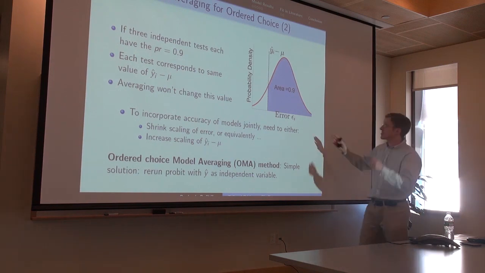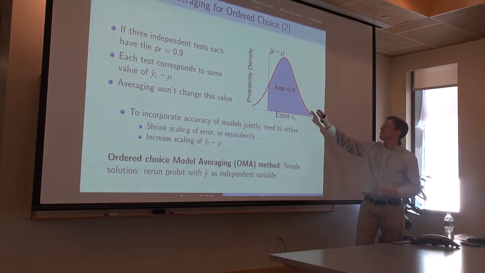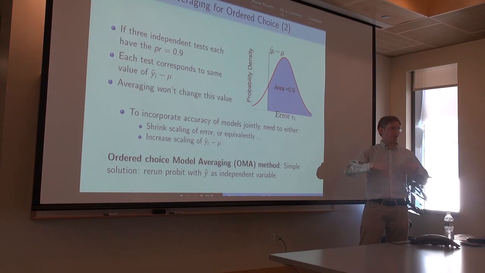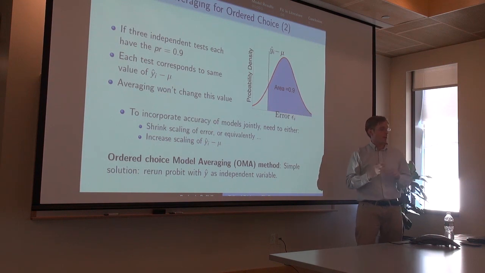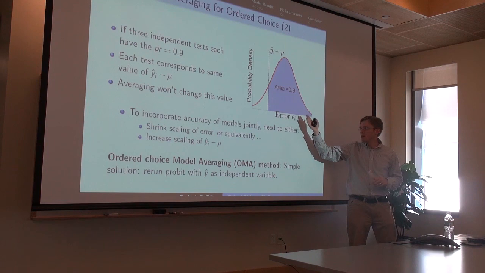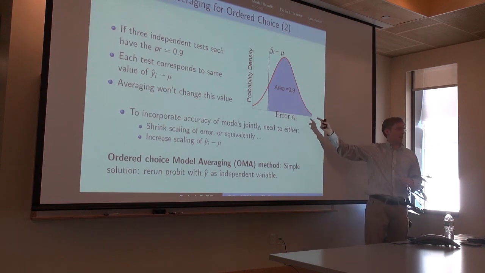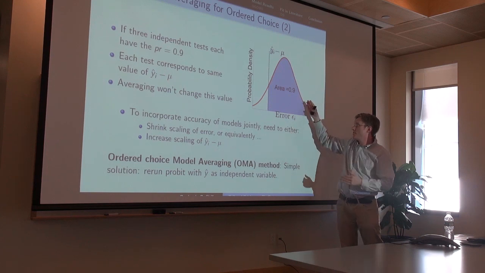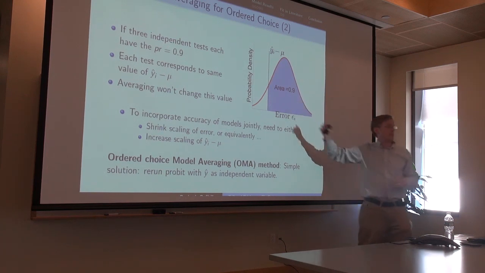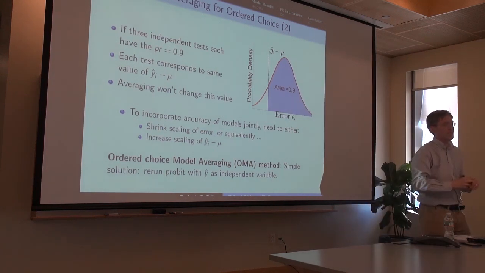Now, the problem that's occurring here is that when you average across these models, combining the information, what should happen is that the standard deviation of the error in your prediction should decline. In a binary probit it's normalized to 1, but you could estimate the actual standard deviation afterwards, after you've combined the predictions from the models.